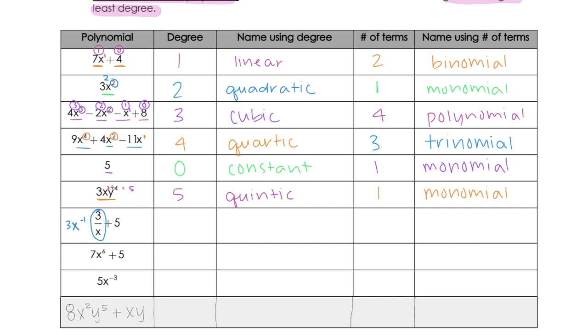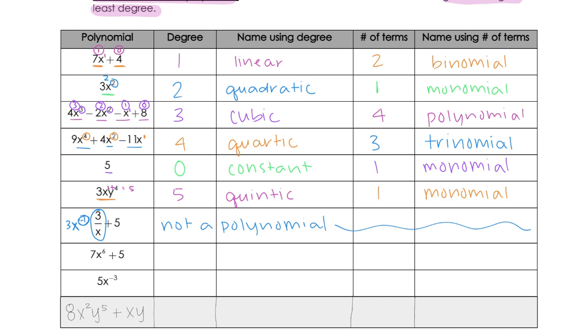So in this case, since we're dividing by a variable, we have a negative exponent. This is not a polynomial. And we would literally write that in this table. And then I like to just cross out the rest of the table so that I don't fill anything else out, because even though it's not a polynomial, I'm not going to put that it's 2 terms and a binomial because it's not a polynomial to begin with. So we can't name it based off of the information for naming polynomials.